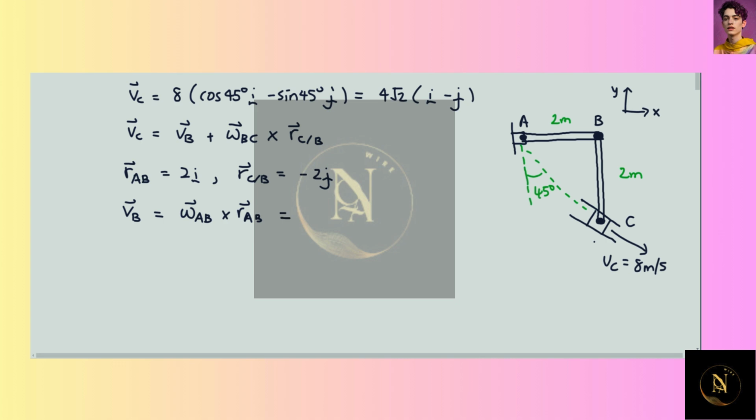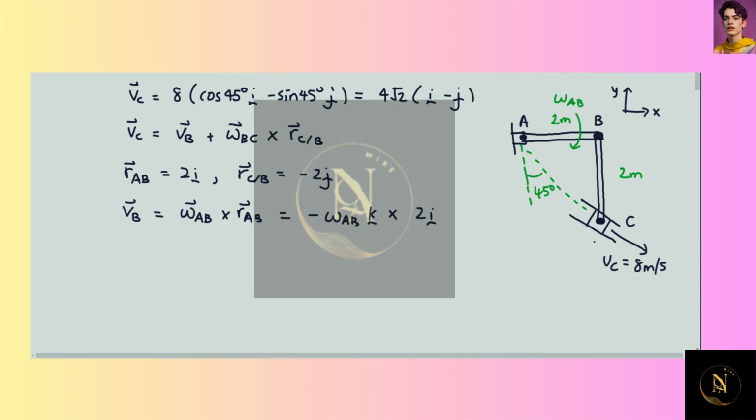So omega AB is going to move, this is how omega AB would look like. Okay, it's going to rotate clockwise, so there will be a negative sign, and then K cross 2I.